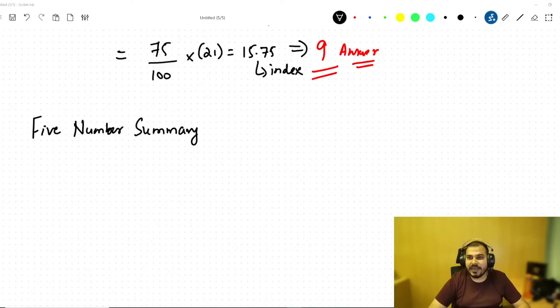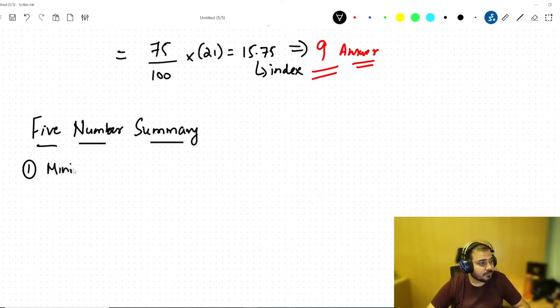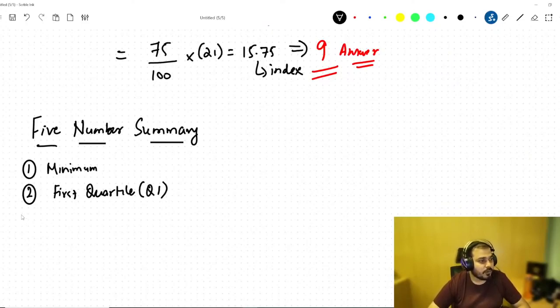Okay. Now let's go ahead and discuss 5-number summary. In 5-number summary, there are 5 main topics as the number says. First one is the minimum. The second is the first quartile, which is also denoted by Q1.